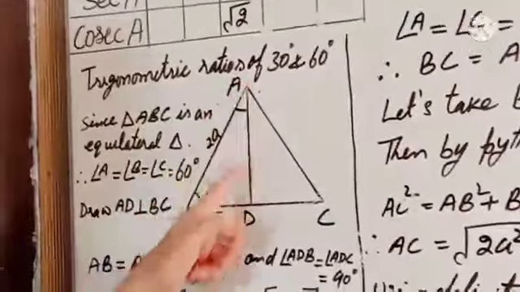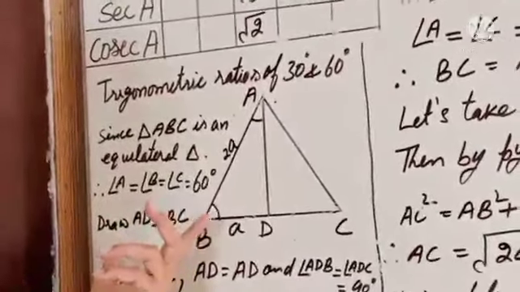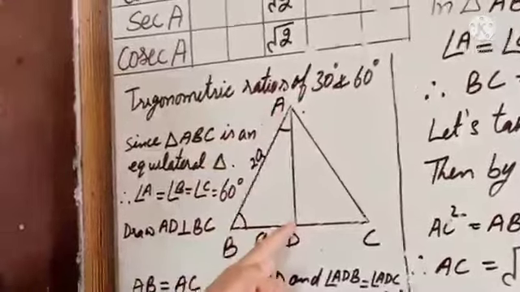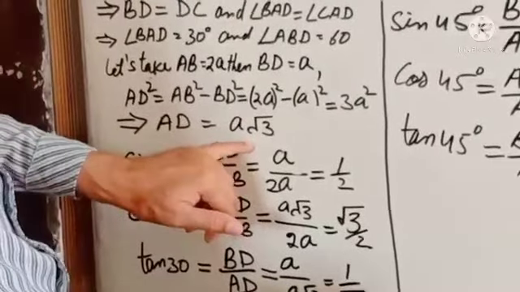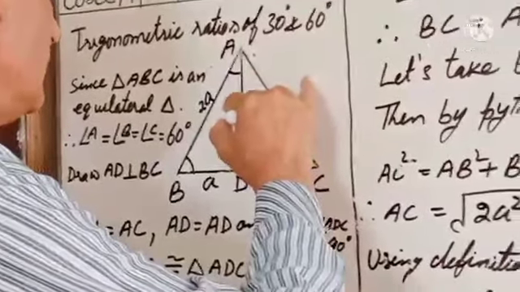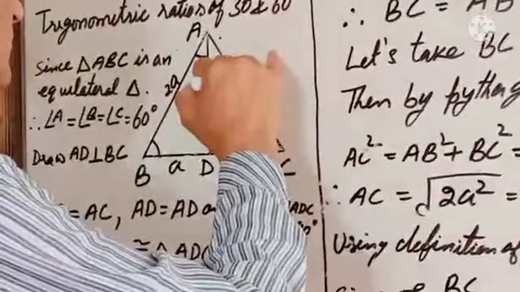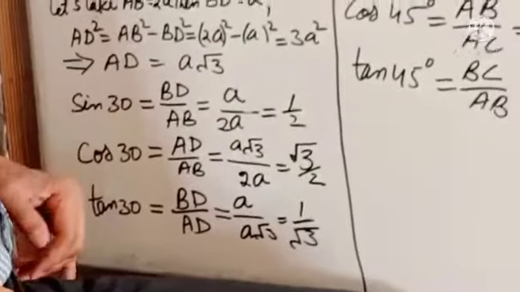In right triangle ADB, it's not very difficult for you to calculate the length of AD. By Pythagoras theorem, AD comes out to be A root 3. AD you have got A root 3 when you put their values, right?